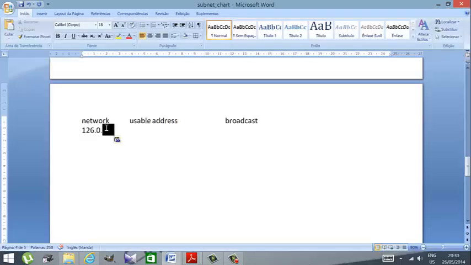Here is our address, and to calculate the range, we're going to increase this network by 8. So each network is going to increase by 8. So it's going to be 126.0.0.8, 126.0.0.16, and so on.